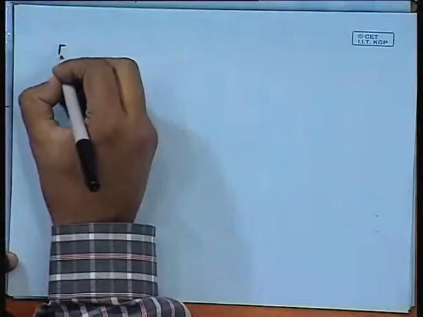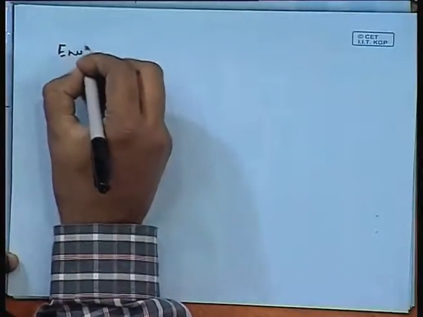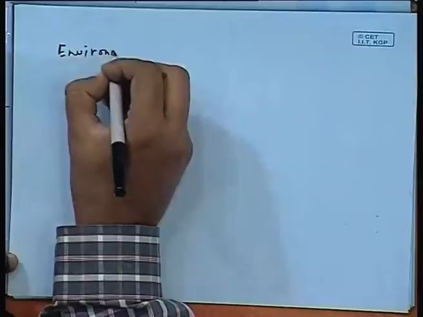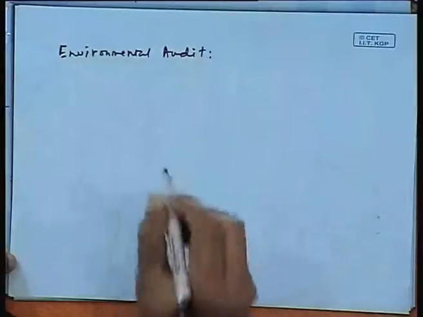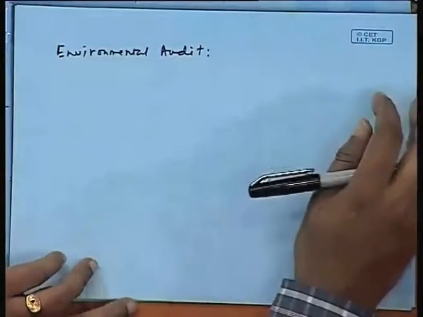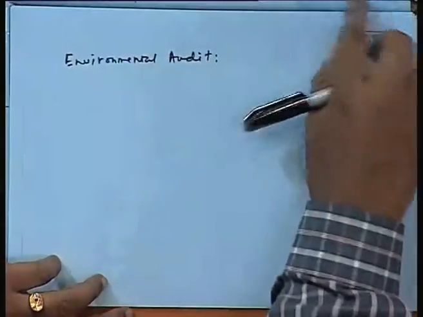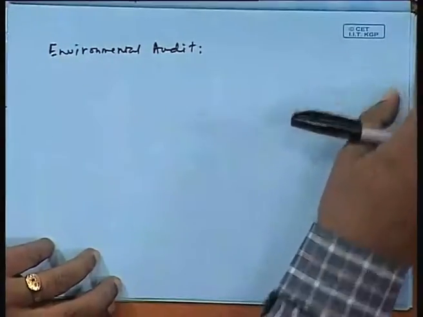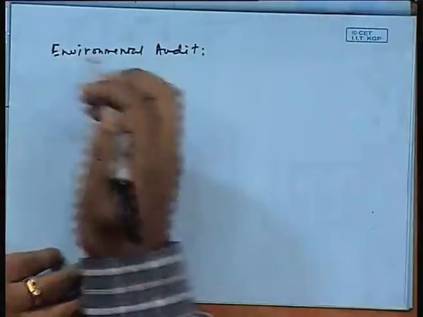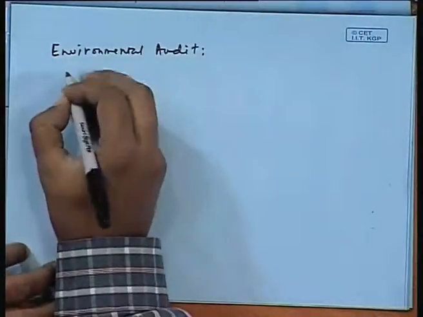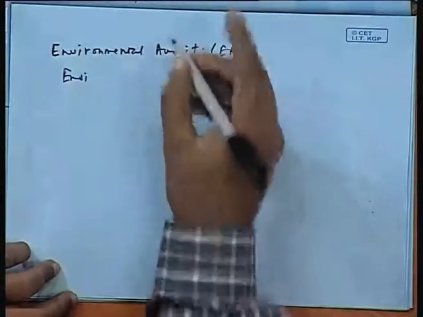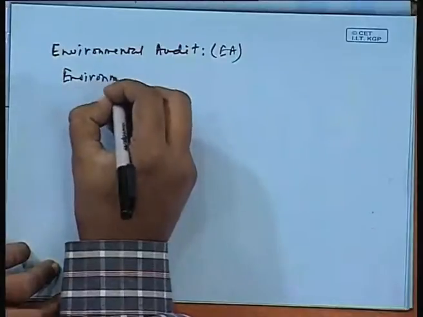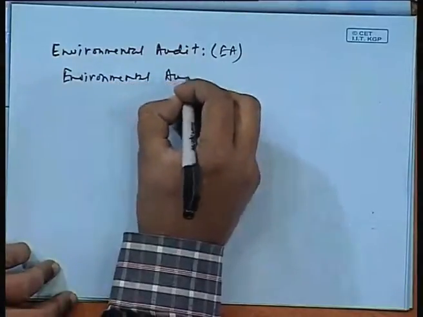And the final topic of the course is environmental audit, also known as EA.